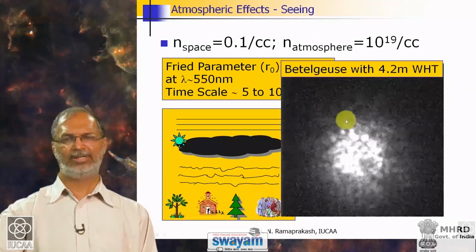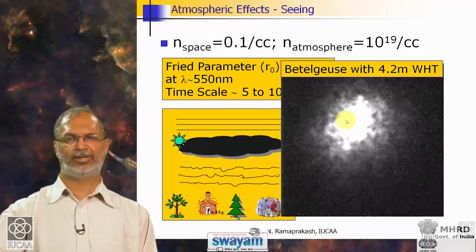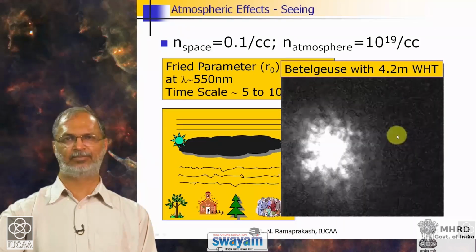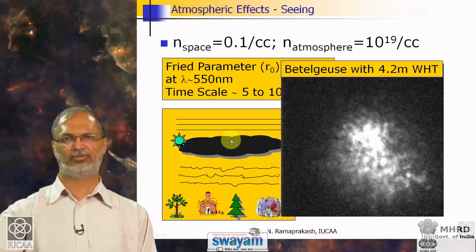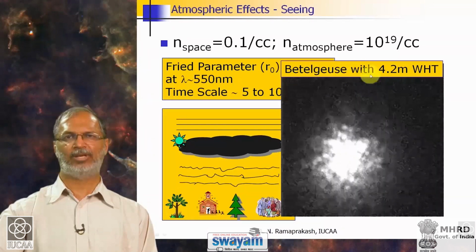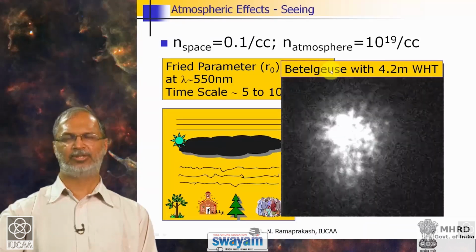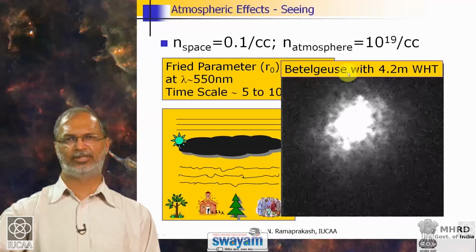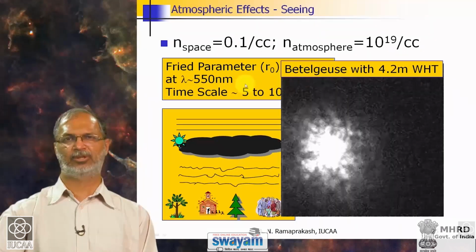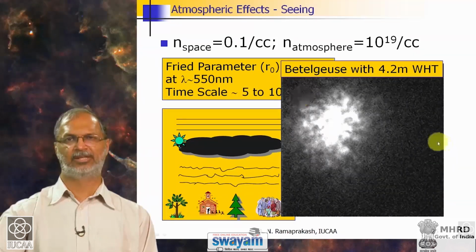So, what this effectively does to the image of a star is illustrated here, the distortions introduced by the atmosphere. This is the image of a star taken with a very large telescope. Betelgeuse is a very bright star, which means that you can take a very short exposure, shorter than the time scales over which the atmosphere changes.